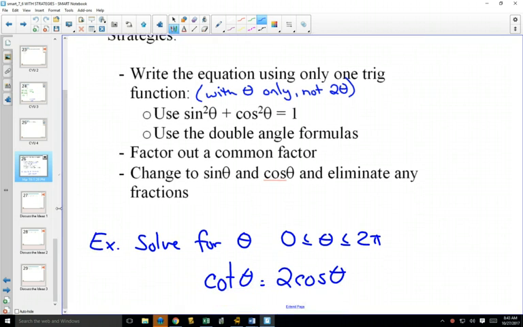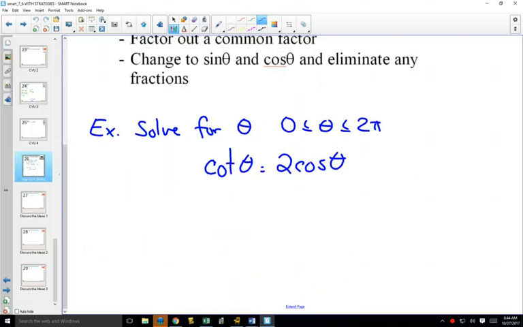So here's our first example. Solve for theta, 0 less than theta less than 2 pi, where cotangent theta is equal to 2 cos theta. So when looking at this equation, the first thing we notice is we have 2 different trig functions on both sides. So the first thing you would look at is, is there a way that I can change everything to just cotangent or everything to just cos?